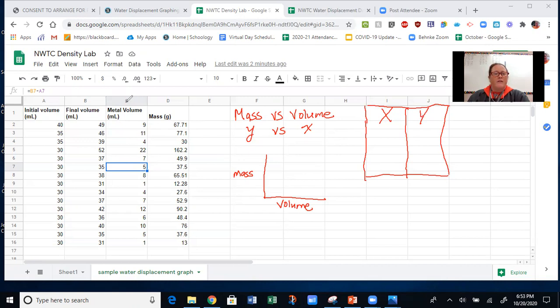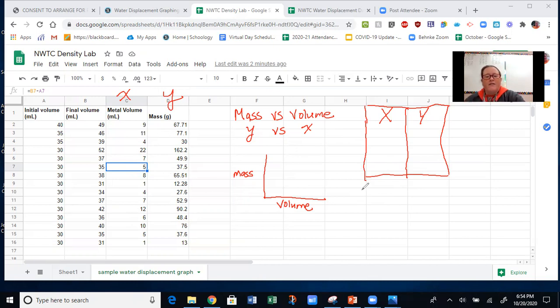So this metal volume, we want that on the x-axis, which is why in the template that I provided for this assignment, I have this column right here to set you up for making this graph.